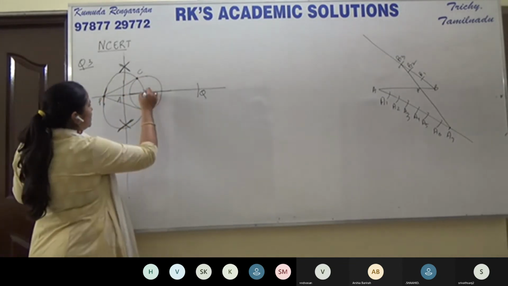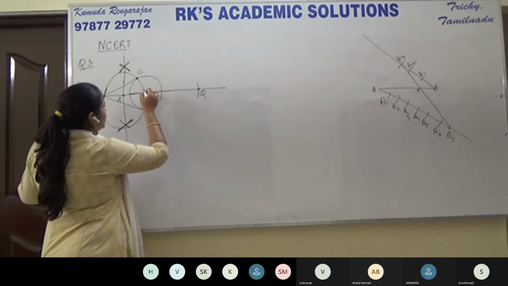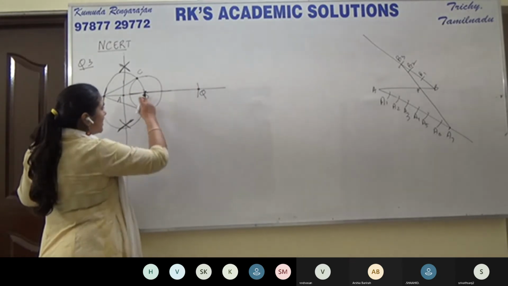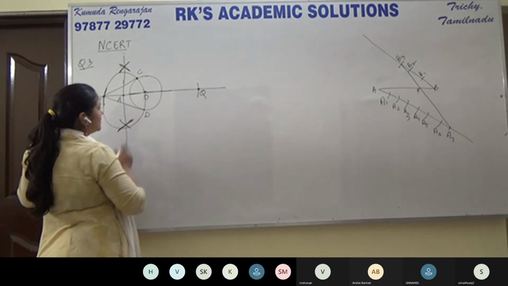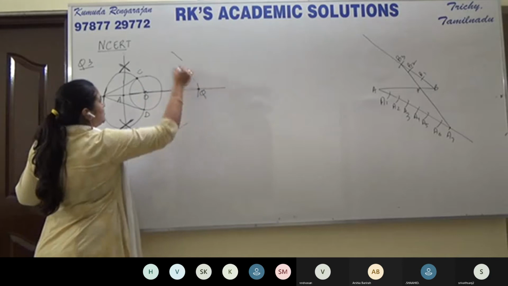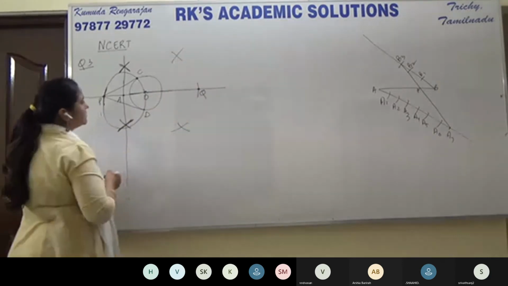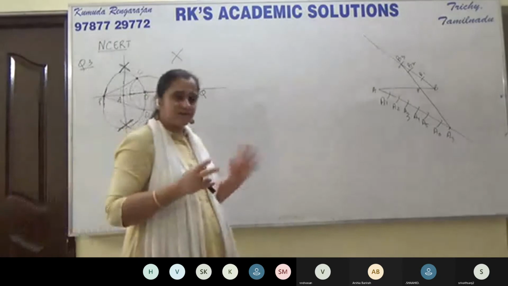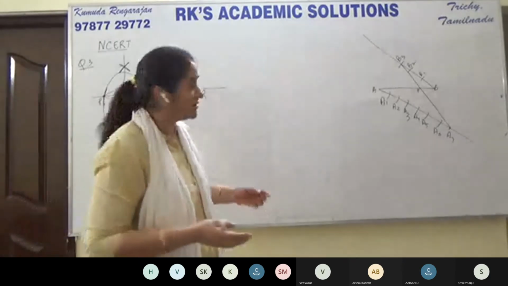Do the same thing here with O and Q as centers. With O and Q as centers and sufficient radius, that is more than half of OQ as radius. From O, arc above and below. From Q, cut the earlier arcs. What you should know is which are the centers.